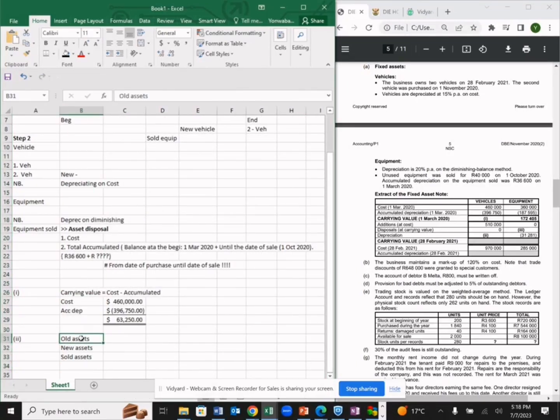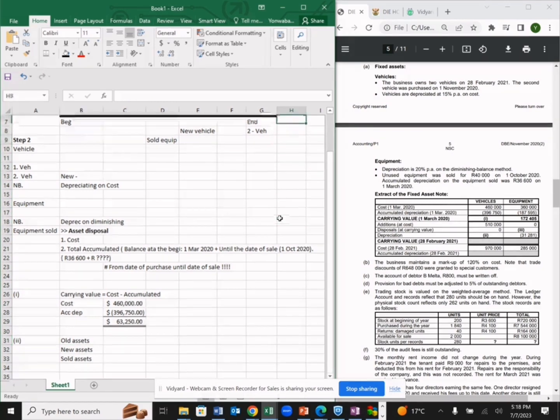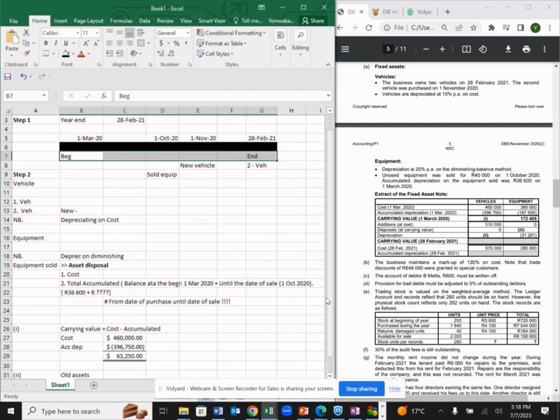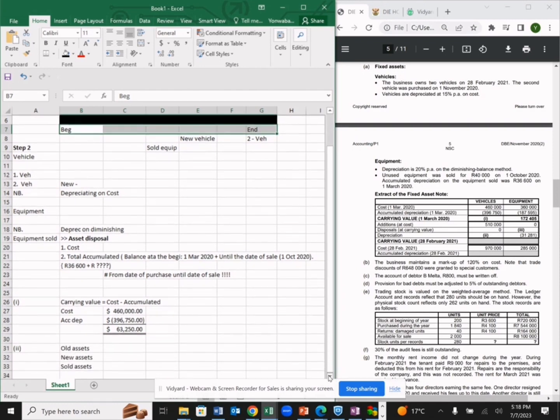So, meaning that when I'm saying old, let me go to my timeline. I mean assets that were here at the beginning of the year and up to this period. So let's make a good common sense assumption.